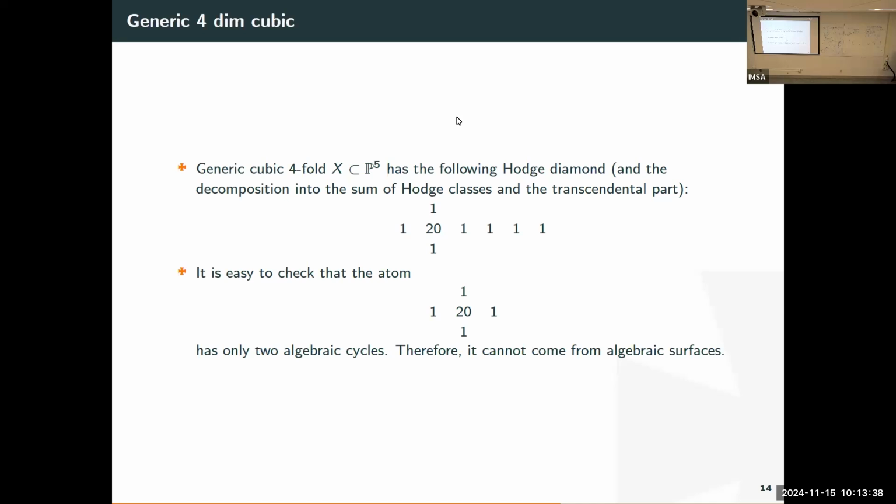So I must admit that I always believed that. But some recent developments based on this splitting of the Landau-Ginzburg models and good categories make me doubt this statement, and maybe there are interesting examples of four-dimensional cubics which have K3s in their semi-orthogonal decomposition, but they are still not rational. So this, for me, jury is out.